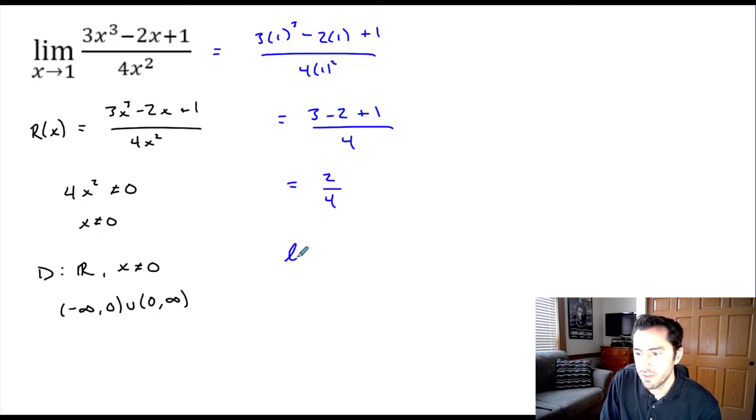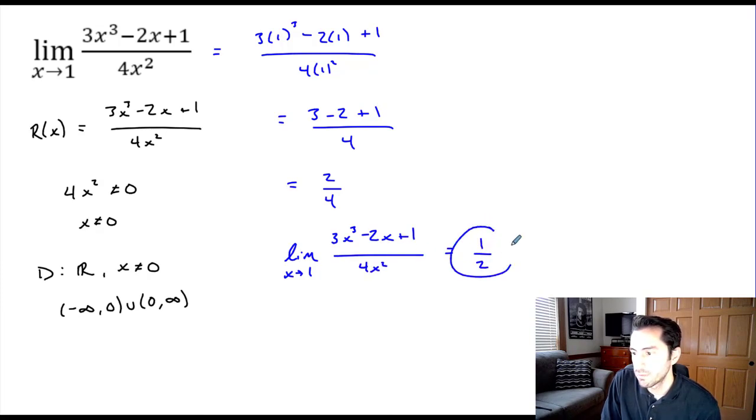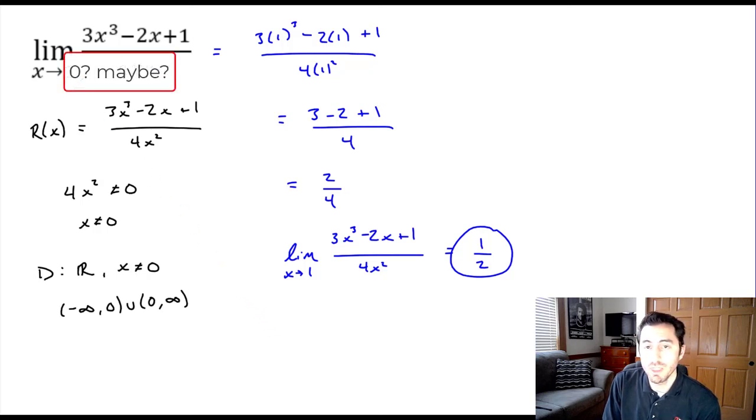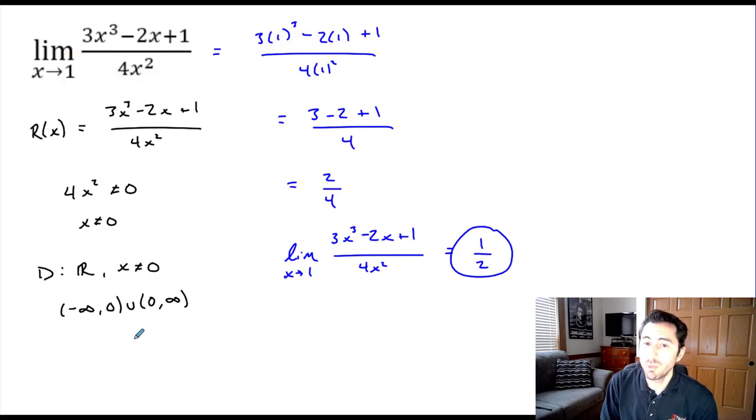So our final answer, the limit as x approaches 1 of our rational function is equal to 1/2. And there's our answer. So again, because 1 was in the domain, we were able to evaluate this by substituting. Now, if we wanted to take a look at the limit as x approaches 0, 0 is not in the domain. If that was the case, we're going to have to apply some different methods to be able to solve that one.